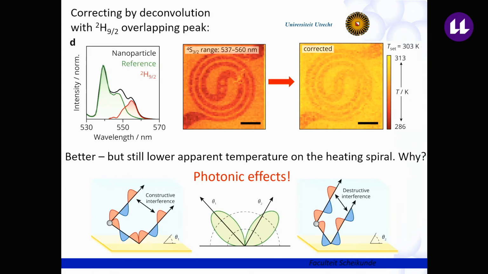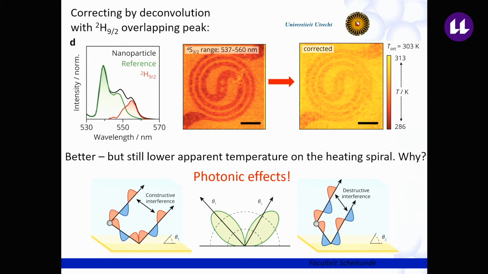So we did some correction for that. We fitted the spectra, and we knew what the 2H9/2 emission looks like, so you can deduce that. This is an experiment I will discuss in more detail later. We looked at a spiral of about 200 micrometers, the temperature distribution, to see how homogeneous it is on this heating spiral that you use in electron microscopes or synchrotron experiments.